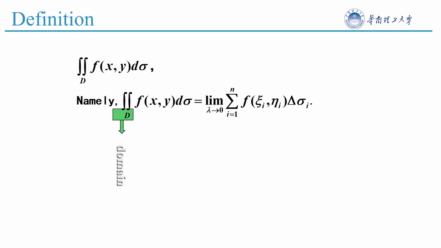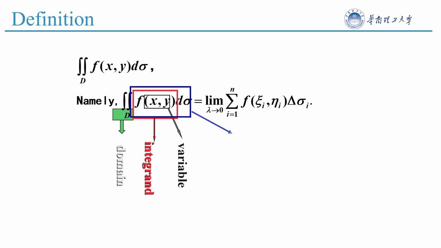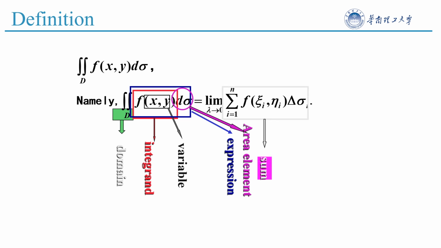Here, D is the domain. f(x,y) is the integrand. x and y are variables. f(x,y) d sigma is the integrand expression. The d sigma is the area element. This is the sum.